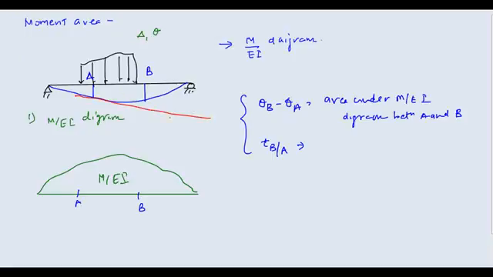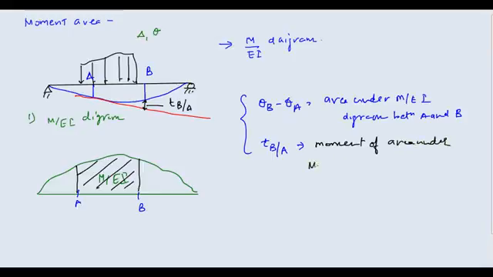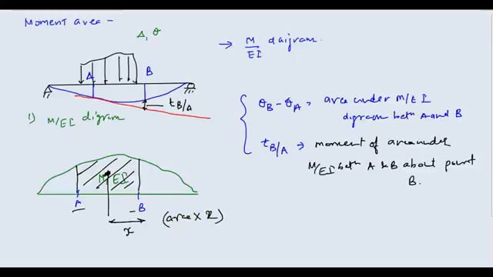This distance that I am showing is t B upon A, and its value is given by the moment of the area under the M by EI diagram between points A and B about point B. Whatever area you get between A and B, suppose the CG of the area lies somewhere here at a distance X. This area multiplied by X gives the moment of this area, and that is nothing but t B upon A.